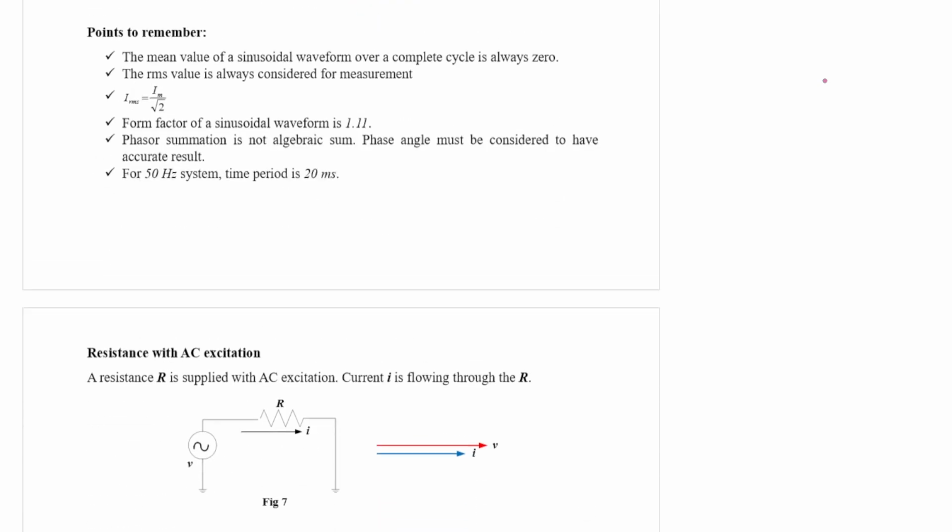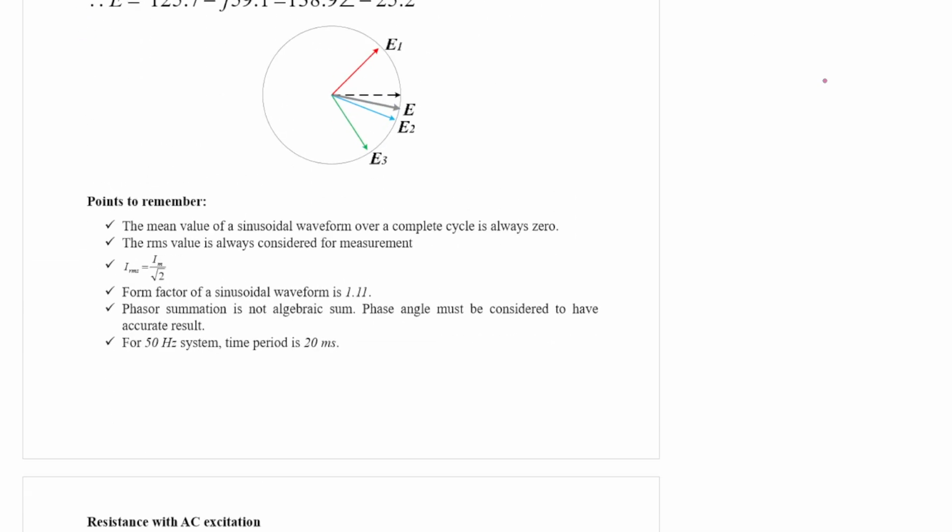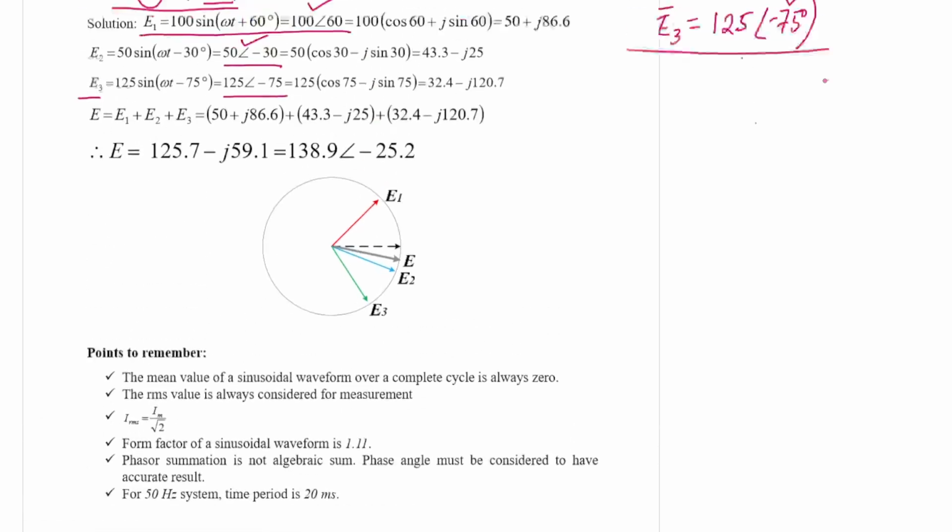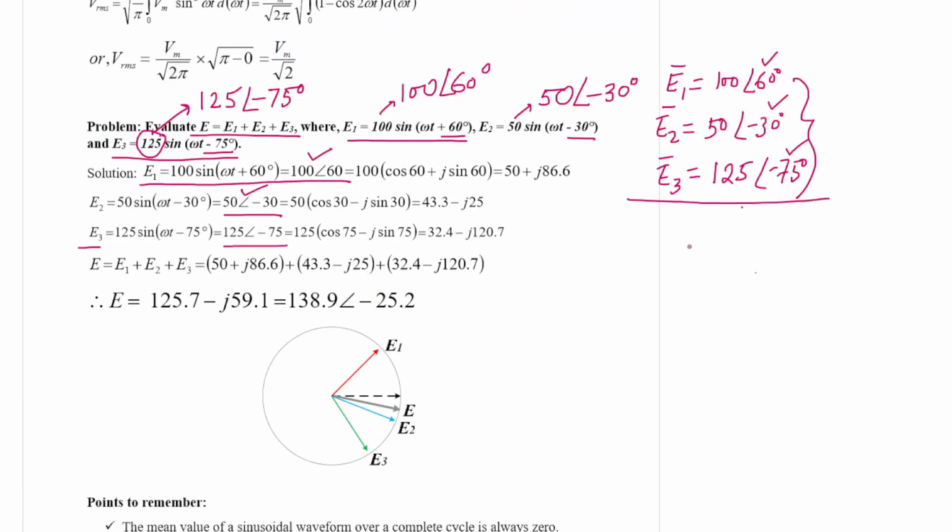How? Let us say I have a complex number x, its magnitude is xm and angle is theta. It can be expanded in this way: xm into cos theta plus j sin theta.